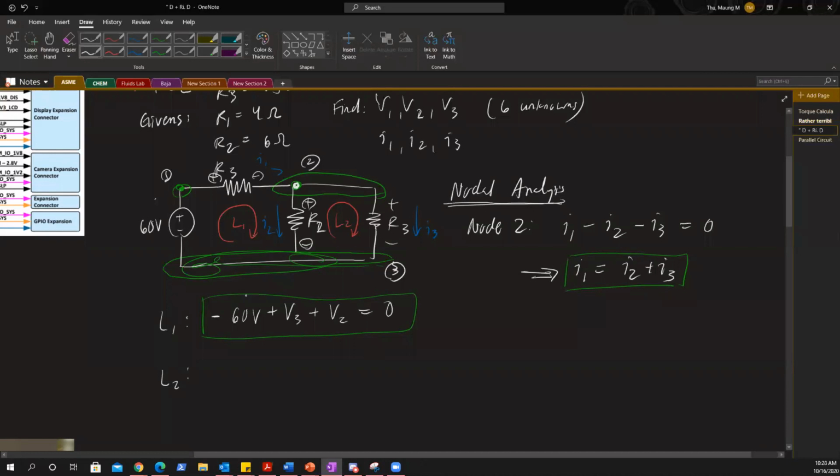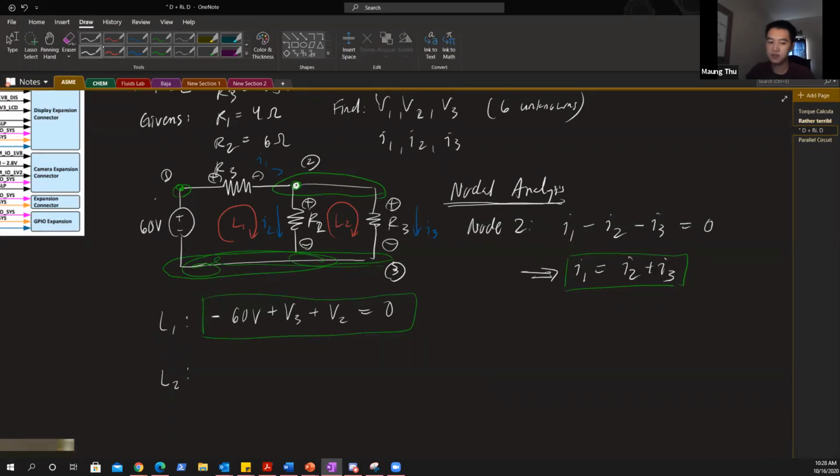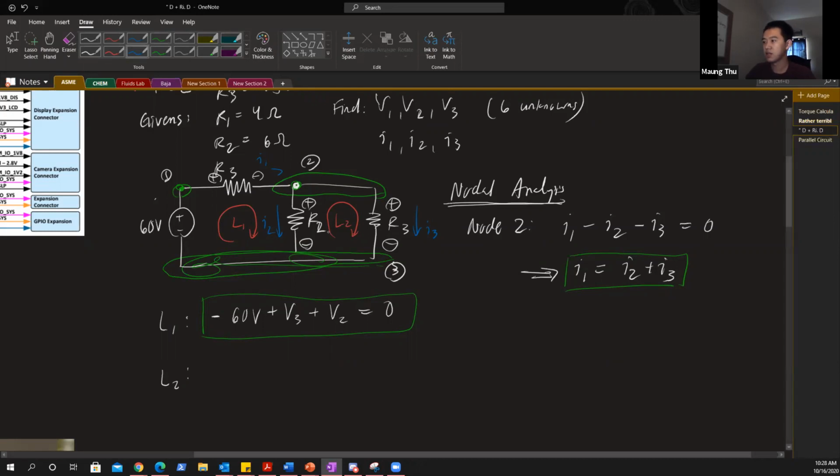Wait, are you confident with that answer? Never mind. Maybe it's positive. Okay, yeah. So it's going clockwise, right? So it meets the plus first. Does that make sense, Abel? Yes, clockwise, right? So that means I'm looking at the positive sign first, and then the negative sign comes later.